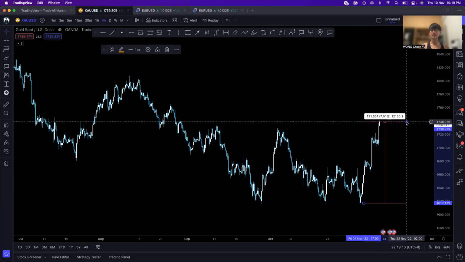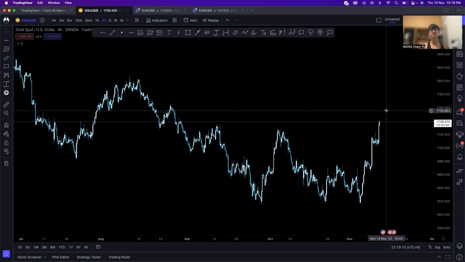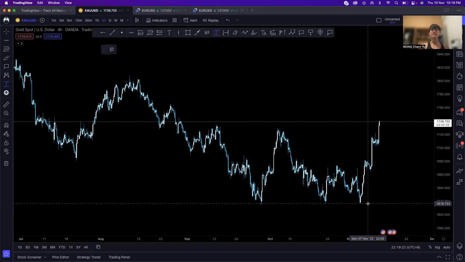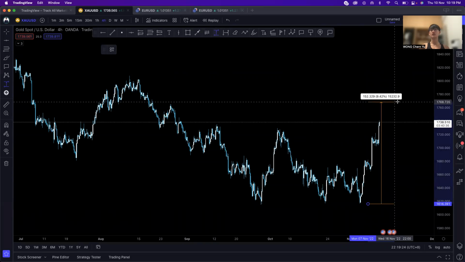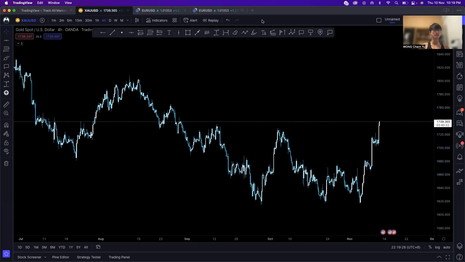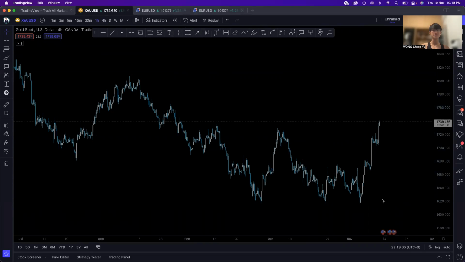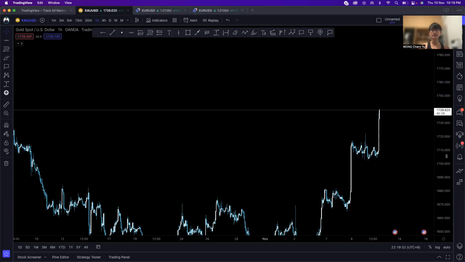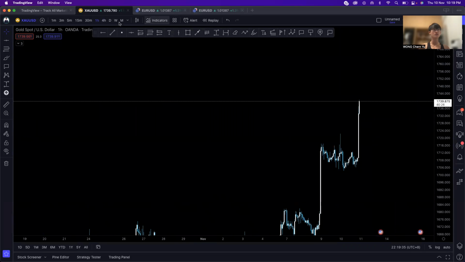That is insane. Price is super bullish ever since the expectations, as I've mentioned, of the Fed slowing the rate hikes and inflation prints coming out better for today. So there's not much to analyze on gold because it's pretty much the same as Euro USD, and I've covered that in the analysis for Euro USD.